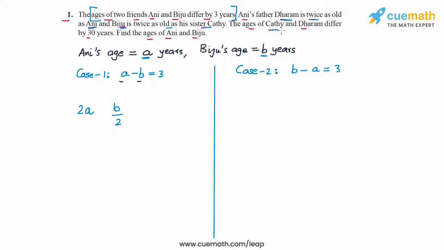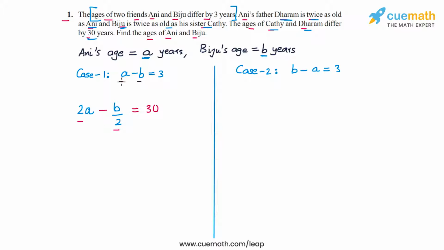And the ages of Kethi and Dharam differ by 30 years. Now in this case we clearly know which is larger. The age of Dharam must be larger than the age of Kethi because Dharam is Ani's father while Kethi is Biju's younger sister. So from this information we can say that 2A minus B by 2 is equal to 30.